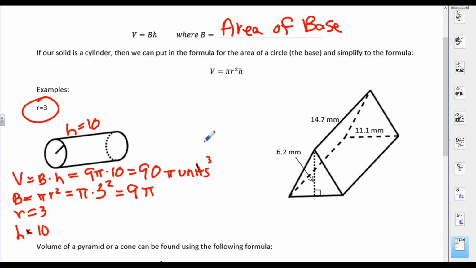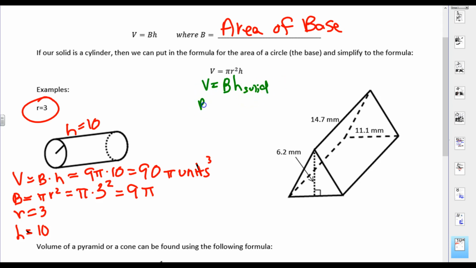And we do the exact same thing over here. We are talking about volume equals base times height. I want to point out that this is the height of the solid, because we're also going to have a height of a triangle in here too, and they are two different pieces. So keep in mind that's the height of the solid.